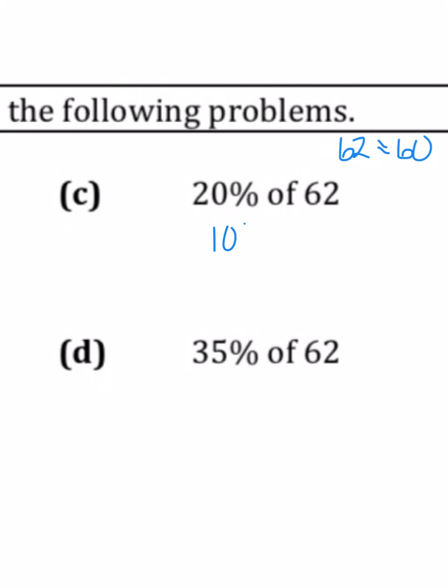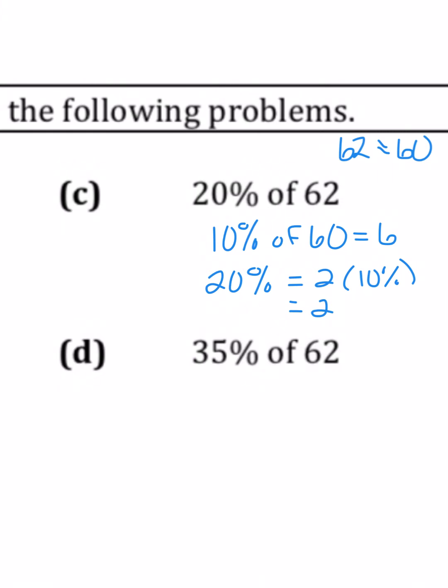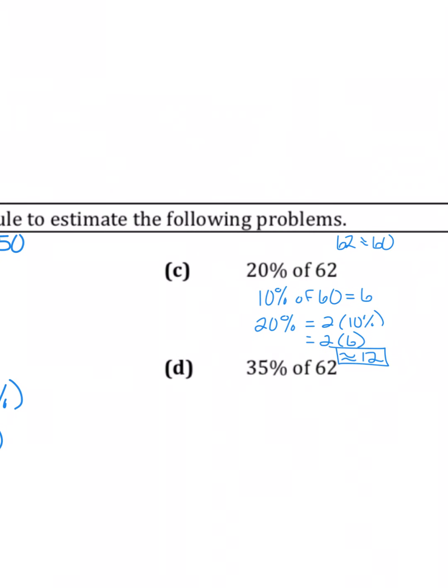And so 10% of 60 would equal 6 because you just move the decimal once. 20% is 2 times 10%. So in my head, I'm thinking 2 times 6. And then my answer here would be approximately 12, which means that 20% of 62 is approximately 12. Okay?